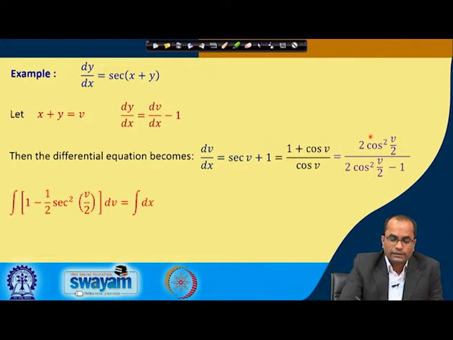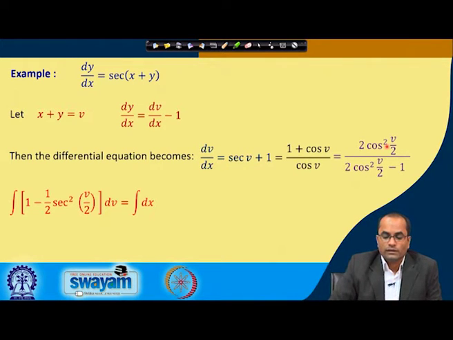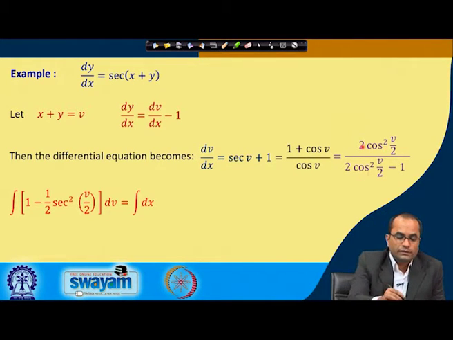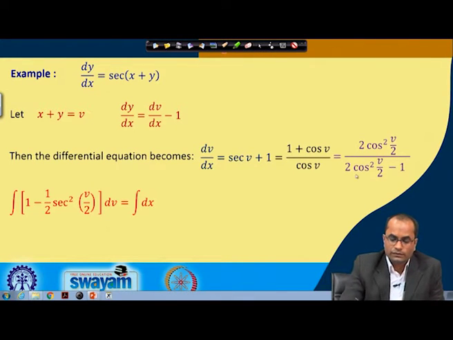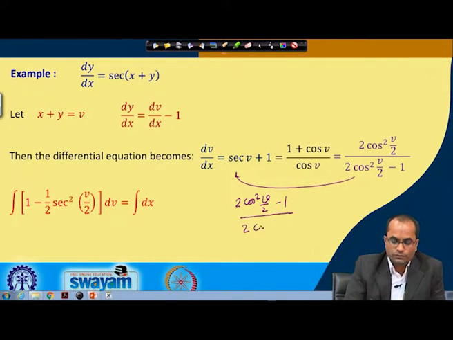So, what are we getting on the left hand side? This will be reverse the order, then we have 2 cos square v by 2 minus 1 divided by 2 cos square v by 2. So, let us just check here. When this goes to the left hand side, this will become 2 cos square v by 2 minus 1 over 2 cos square v by 2, and that is exactly what we have there.